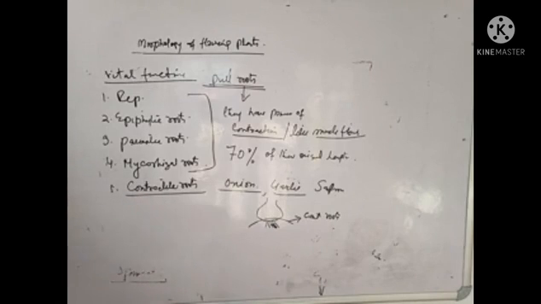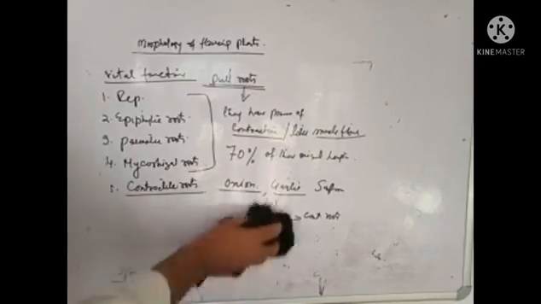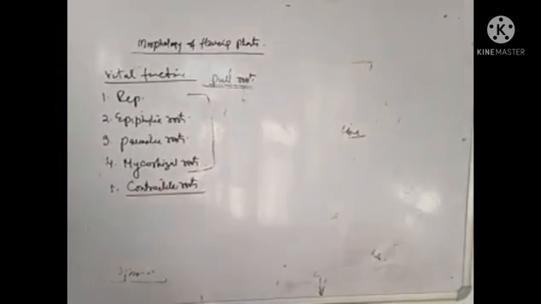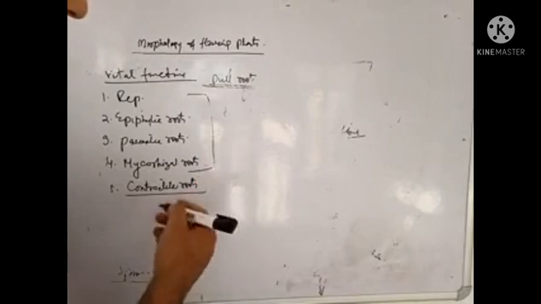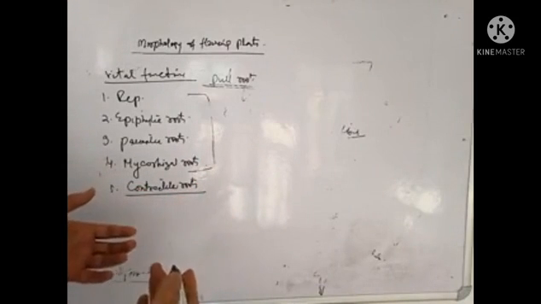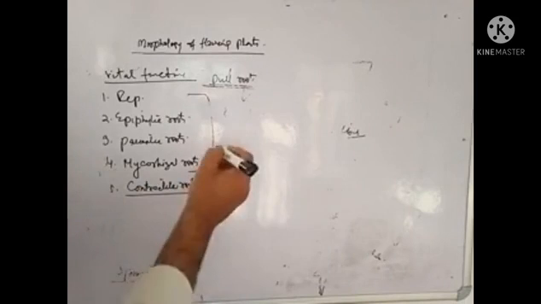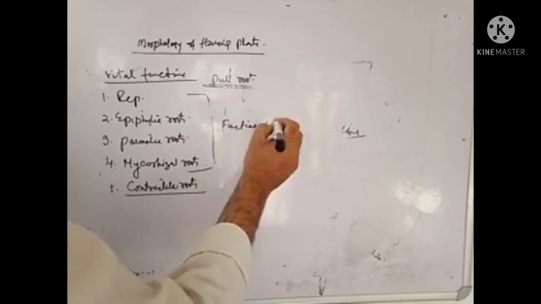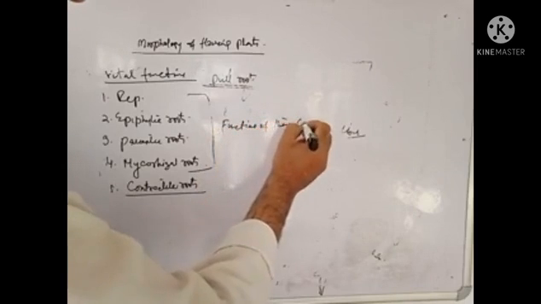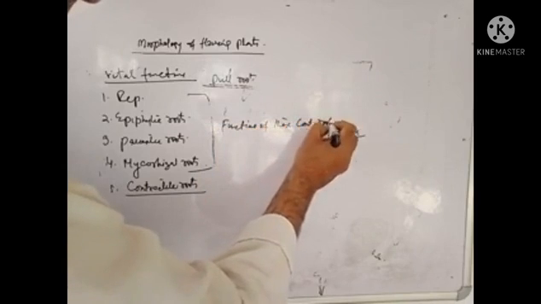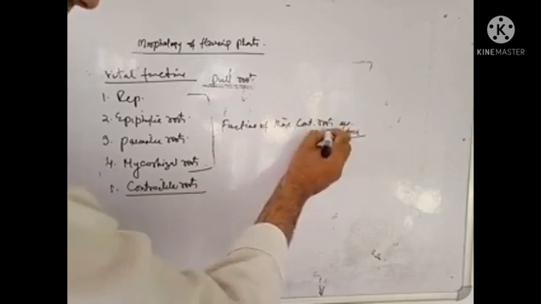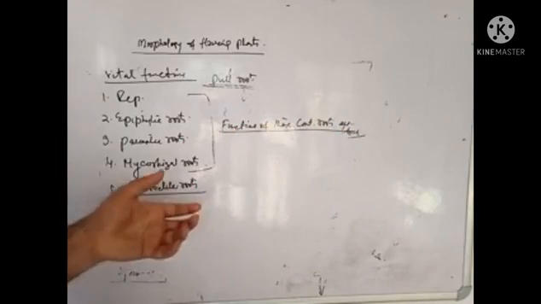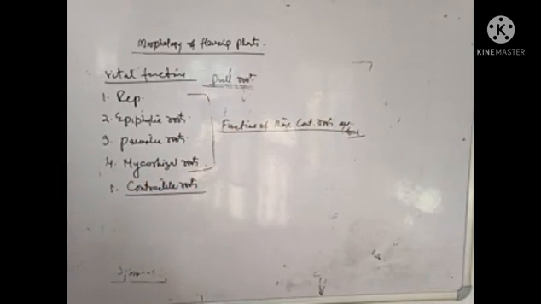Contractile roots are normally thicker, they are fleshy and white colored. Some important functions are attributed to these roots.